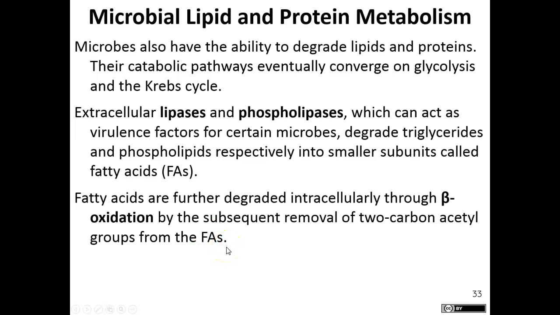But just like all living things, microbes can break down other molecules to produce energy. And so they can break down lipids or proteins. They have enzymes like lipases or phospholipases, which can break down triglycerides or phospholipids into smaller subunits.